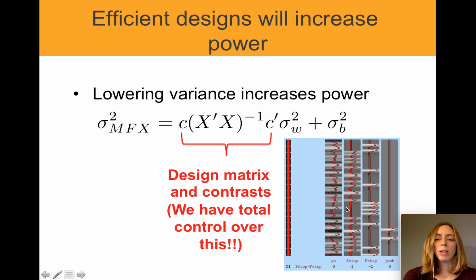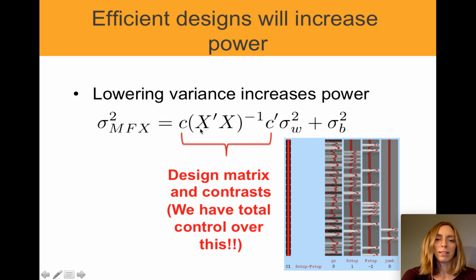These are the stop trials separated into the successful stop trials and the failed stop trials. And then these 2 groupings of trials are where the subject just kind of flaked out. So those are called junk, and they're just modeled, but they're not interesting. But we don't want that variability going into the residual. So that's the X, this part up here.